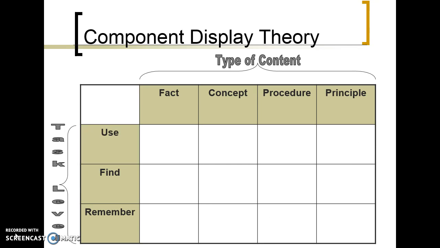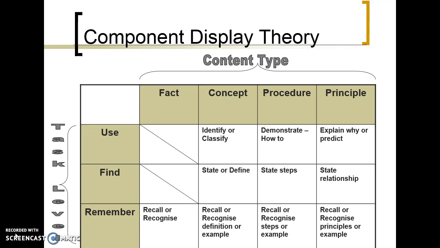So typically we'd see a grid like this, where we have on the y-axis the type of content, is it facts, concepts, procedures, and principles, and on the x-axis, do we want them to remember, find, or use these things. And we normally say you can't really find a fact or use a fact, you can only remember a fact, because a fact is the basic unit of activity.